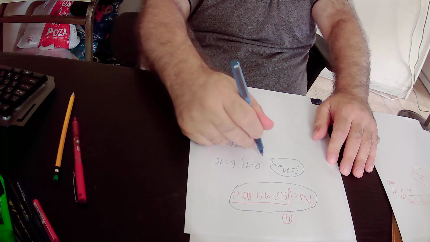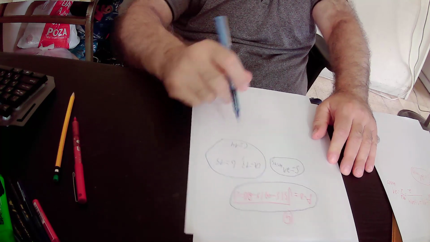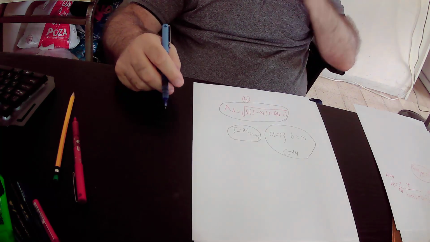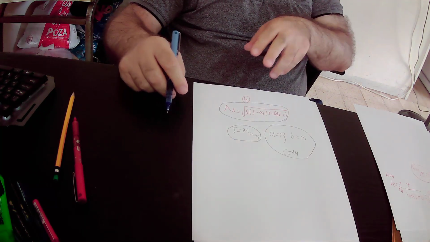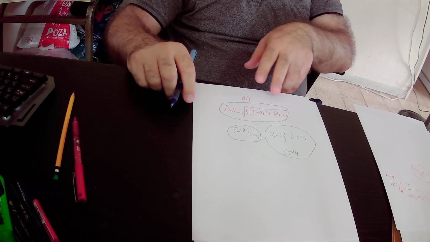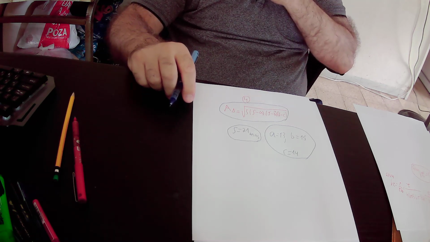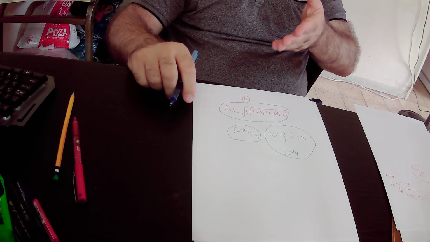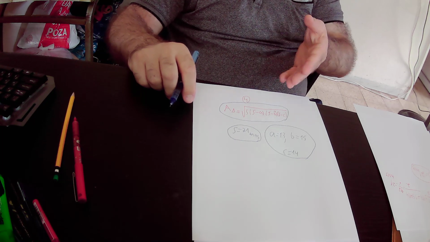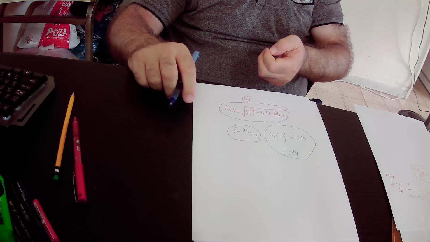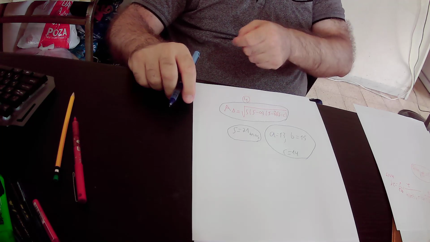Okay, so we have the values of all the variables of this formula, and the only thing that is left is to put the data that we have inside this formula in order to find the area of our triangle ABC.